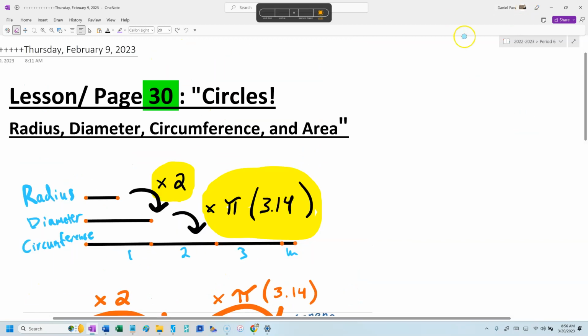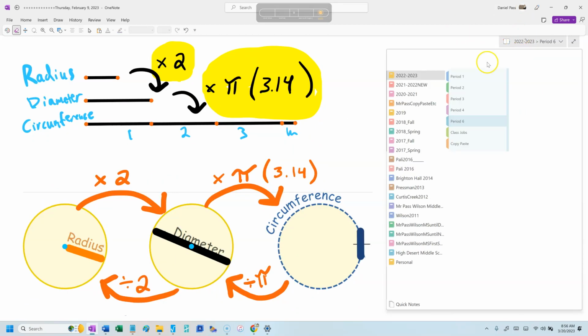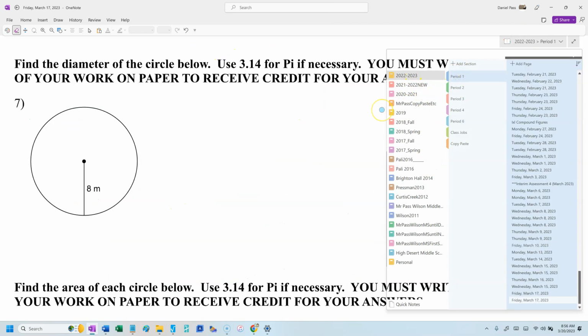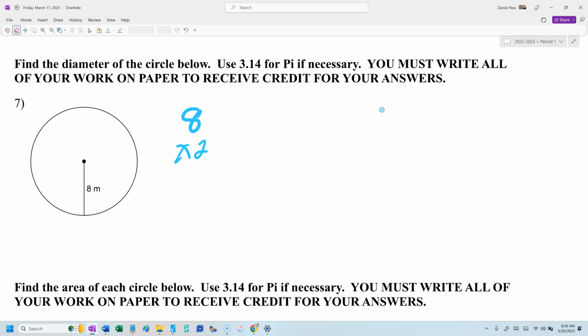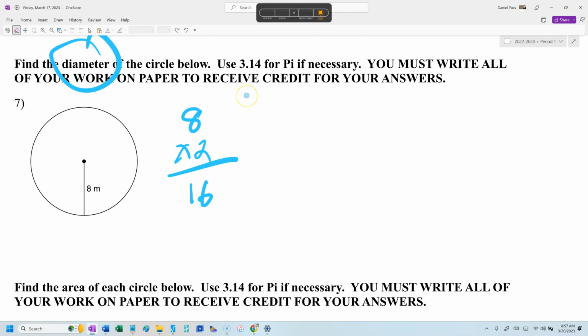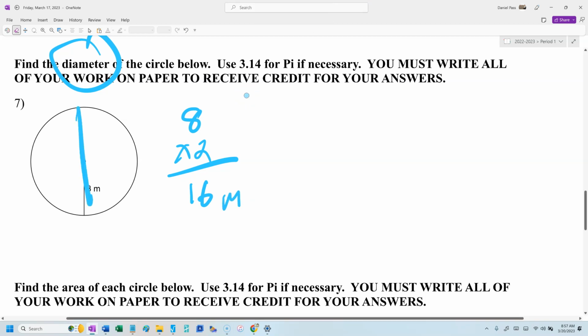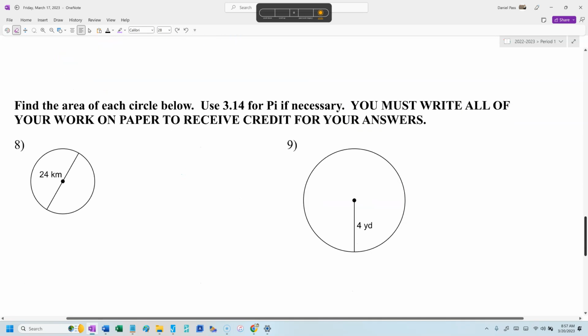All right. Any questions? No? Okay, so this problem is pretty easy, huh? Here it is. So times 2. 8 times 2 to get to the diameter. 16 meters. Got it? Because they're asking us for this. Times 2. Okay. So this one's easy.